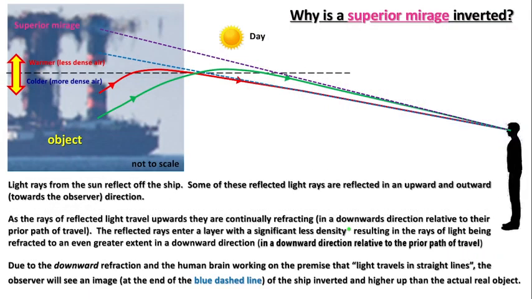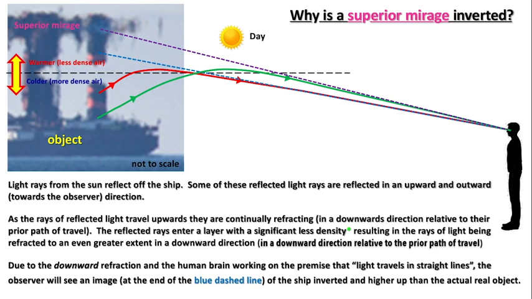Why is a superior mirage inverted? Light rays from the sun reflect off the ship. Some of these reflected light rays travel upward and outward towards the observer. As the rays of reflected light travel upwards, they are continually refracting in a downwards direction relative to their prior path of travel.